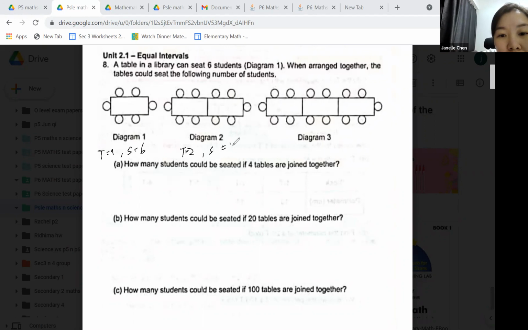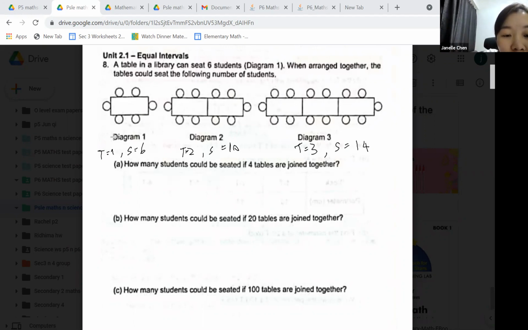So the next one here, we have 3 tables, and then our students is equals to 14.